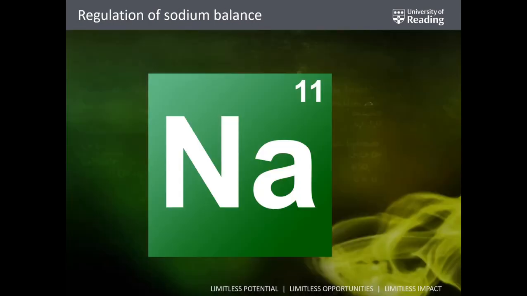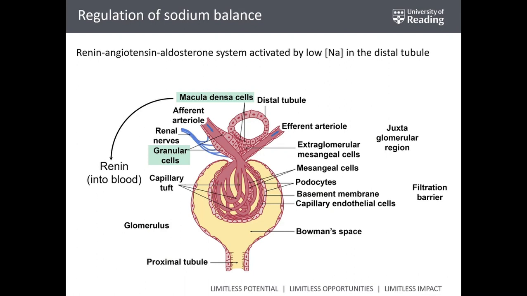Now we go into the fine regulation of sodium balance. Okay. First step, the renin-angiotensin-aldosterone system, which you probably have already heard of in the regulation of the blood pressure, because remember, everything is connected in the human body, is activated by low sodium concentrations in the distal tubule.